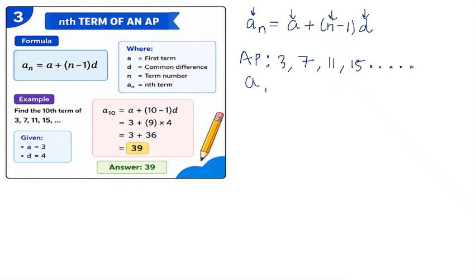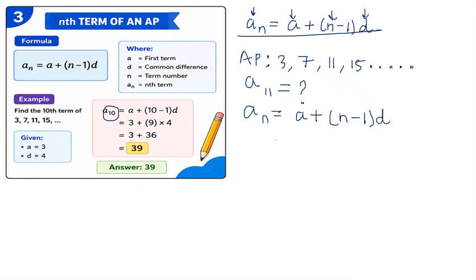Suppose we have to find the 11th term. So which formula will we use for this? The same nth term formula: an equals a plus (n minus 1) into d.